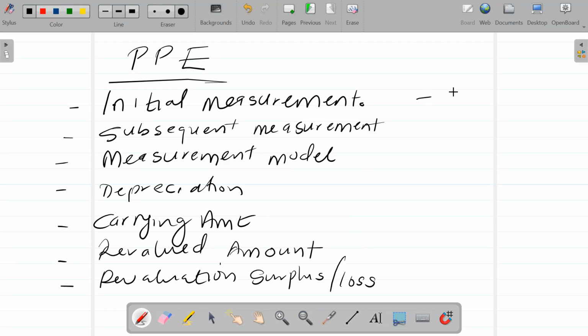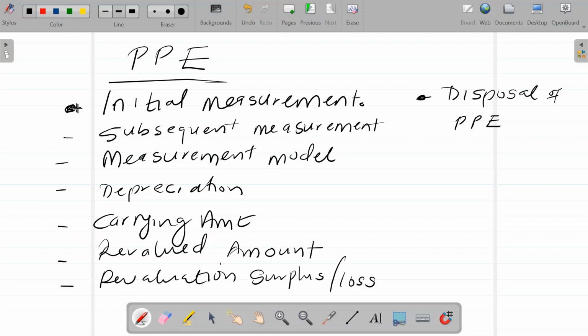Then we have disposal of PP. Like if you sell a PP, how do you account for it? So these are some of the key issues under PP.